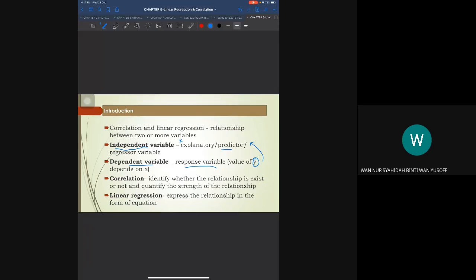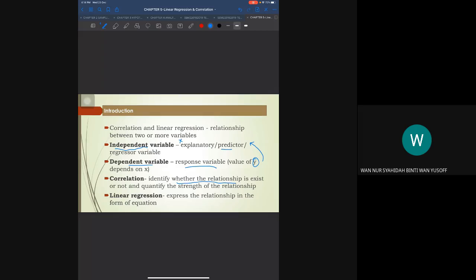There is no rule to decide which one is X and which one is Y. Keywords will be given in the question so that we know which variable depends on which variable.